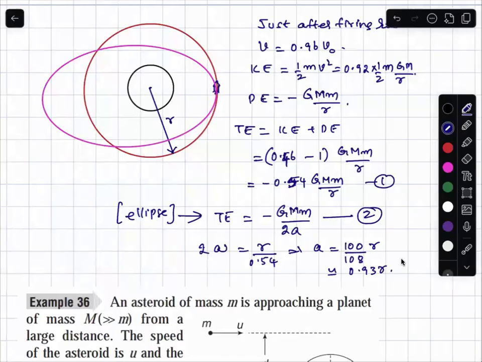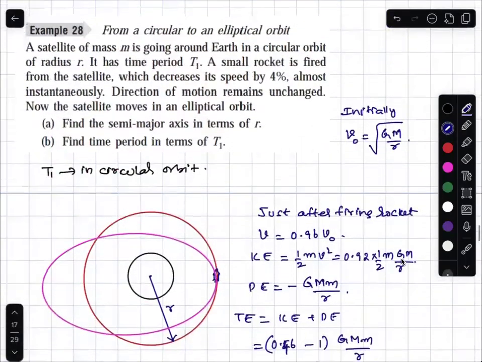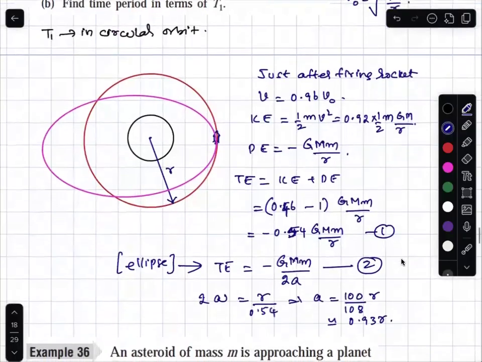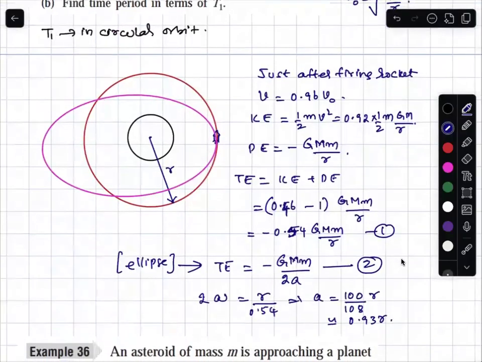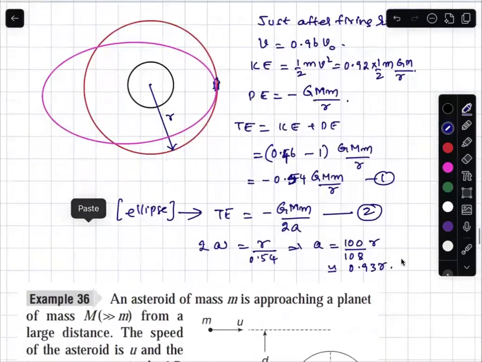Next. Now tell me how to compare time periods. Straight formula. How to compare time periods? T square proportional to R cube. So therefore, T2 square by T1 square is a cube by R cube. Literally, this is 0.93 cube.